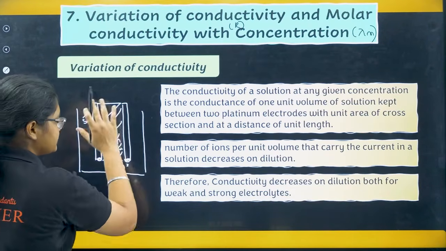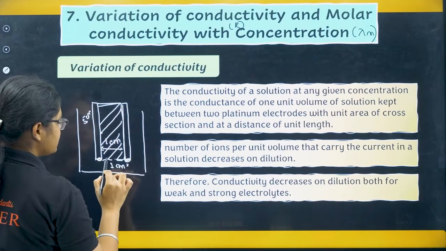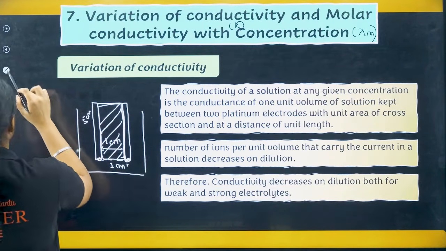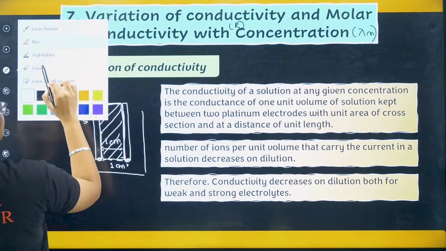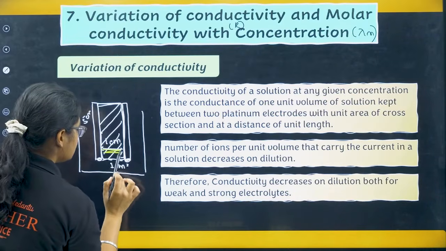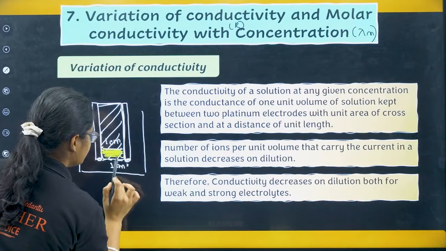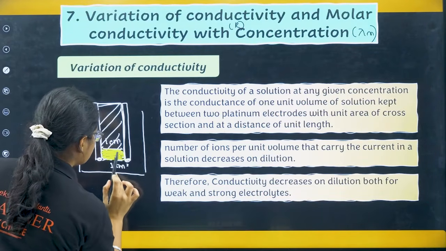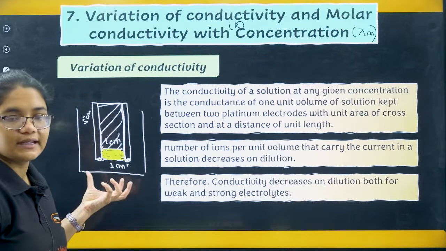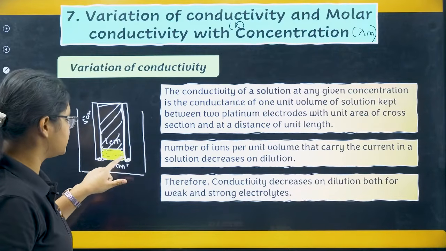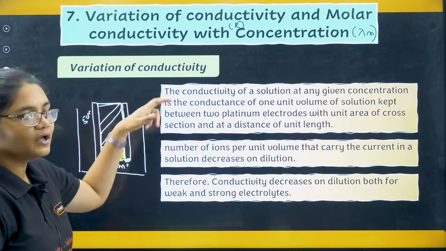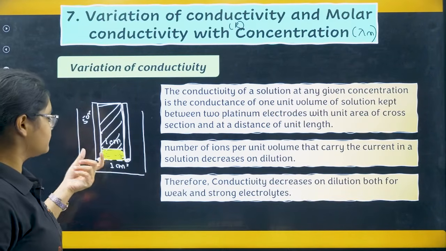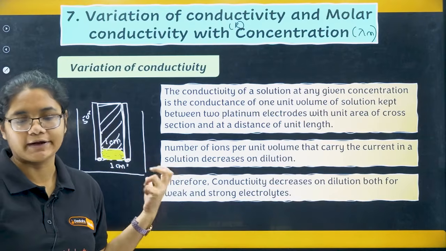So this is the total volume of electrolyte present. Now out of this, if I talk about only 1 unit, that means only this much, this is 1 unit of volume. The conductance of this much electrolyte is equal to the conductivity, as I have explained in the rod. Same thing, but here we have taken it in terms of electrolyte.